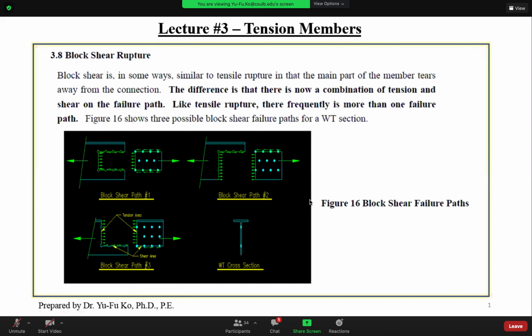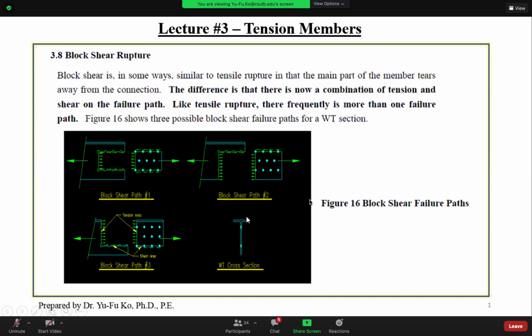But the difference is that there is now a combination of tension and shear on the failure path. So like tension rupture, there frequently is more than one failure path. In this figure 16, it shows a block shear failure path for WT sections.